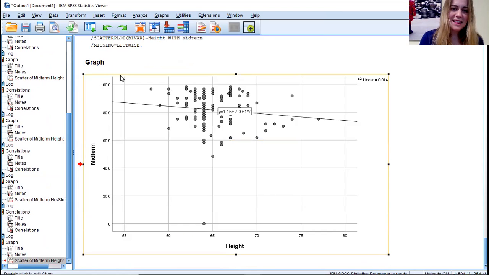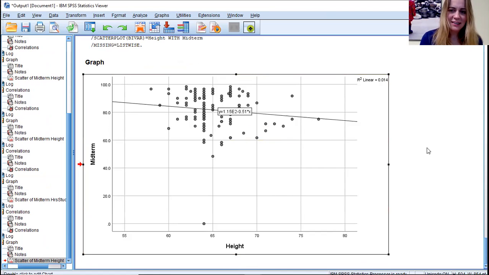And so here you can see that the line is going down. It's a negative correlation. It's pretty close to being horizontal, so it's definitely not going to be a strong correlation. Pretty close to zero. Those dots are not falling along the line really at all. That line is definitely not diagonal. So this is probably not a significant relationship. This correlation is probably around zero.